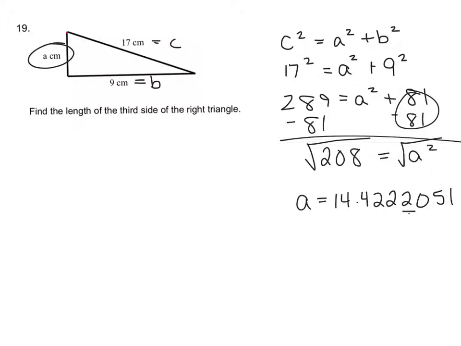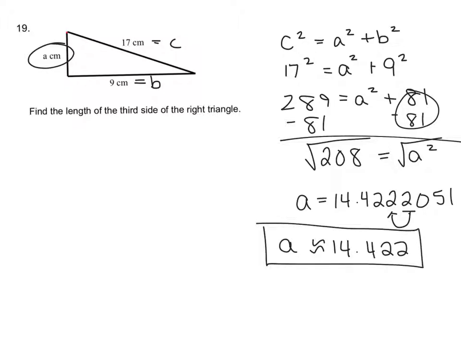And since the 2 is less than 5, we're going to leave the number in the 3rd position, which is also a 2, as is. So our answer is 14.422. And that is the length of the unknown side, and this is in centimeters.